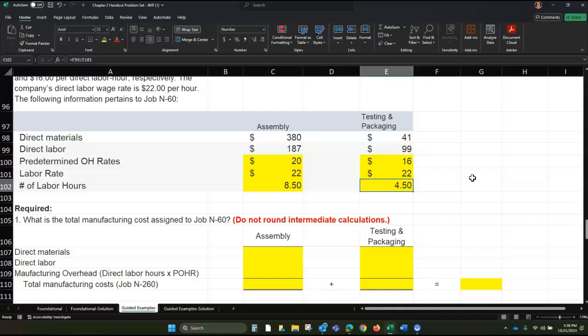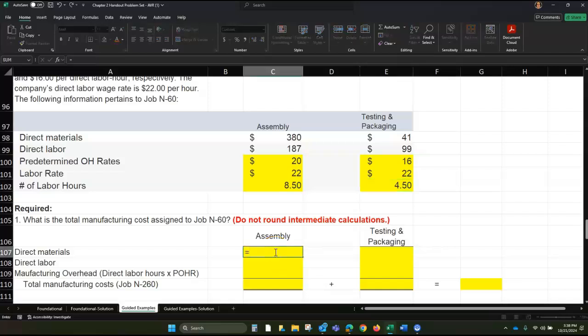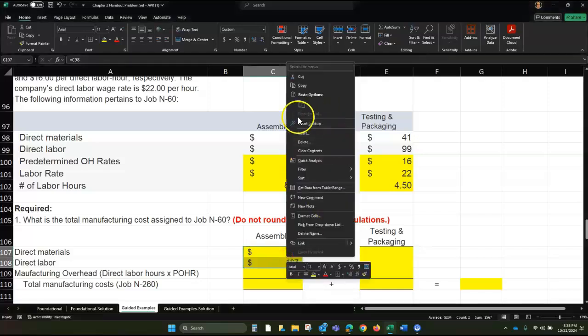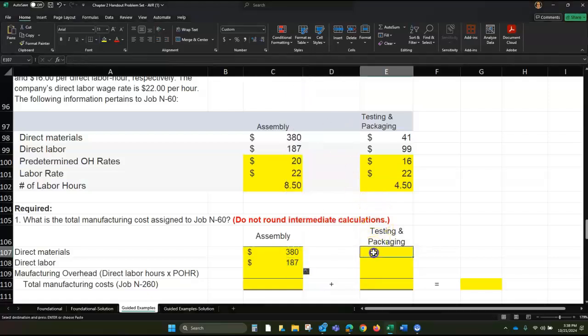Okay. So on the direct materials and labor, that one is just coming back up here and grabbing the direct materials, and we can copy that one. Now watch this one. We can grab that, copy down, then do a right click, copy and paste.